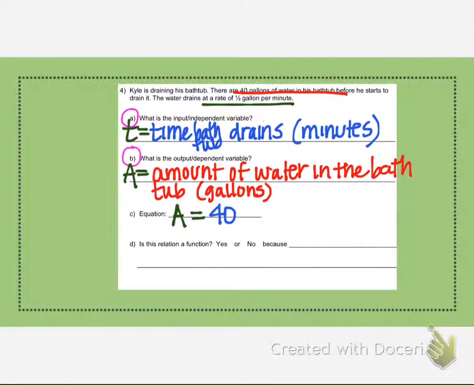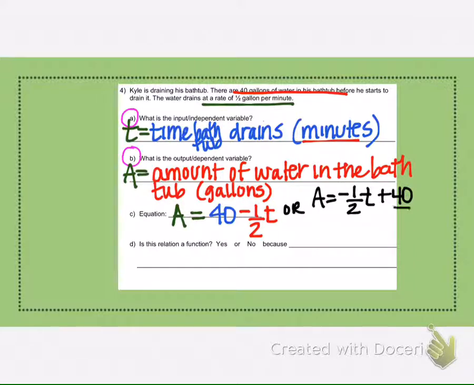And then he is taking out a half a gallon every minute. So T is the minutes. We could also write that equation as A equals negative 1/2 T, and since the 40 is positive, we could put plus 40.